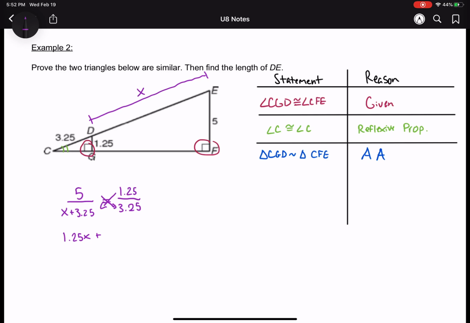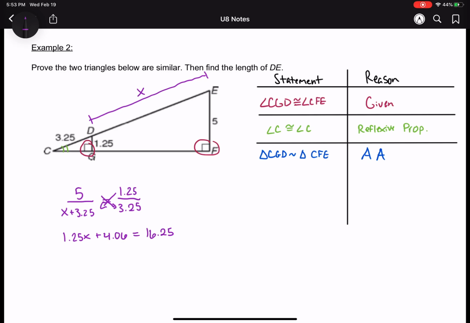I'm going to round to 2 decimal points. So I'm going to say that 1.25 times 3.25 is 4.06. And that leaves me to solve my other piece, which is 5 times 3.25, which gives me 16.25.